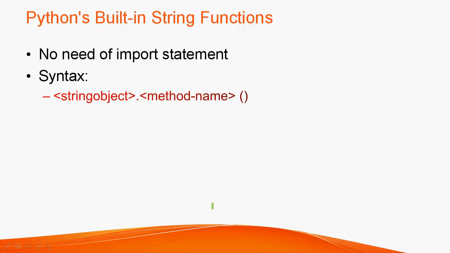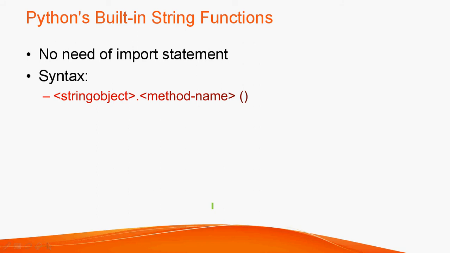Now we are moving to the string functions. Unlike the math module, string is not grouped under any module. They are directly taken from the standard library of Python, the built-in part of the library. There is no need of importing any such module, as there is no such module at all.